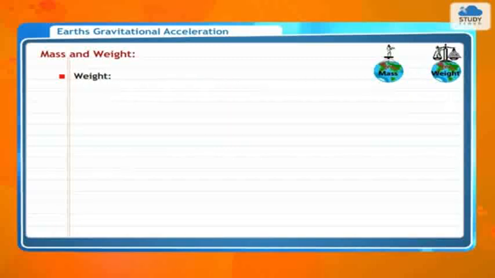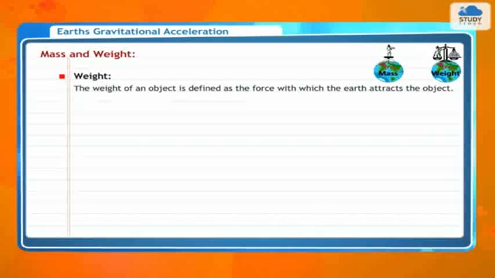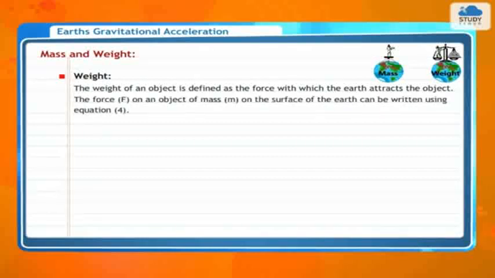Weight. The weight of an object is defined as the force with which the Earth attracts the object. The force F on an object of mass m on the surface of the Earth can be written using equation 4. Therefore, weight W is equal to F is equal to mg is equal to GMm upon r square.